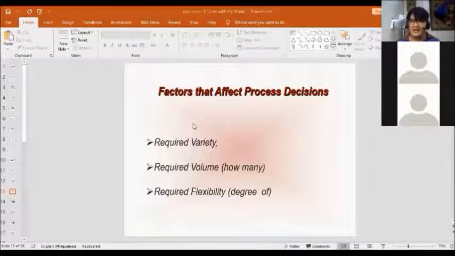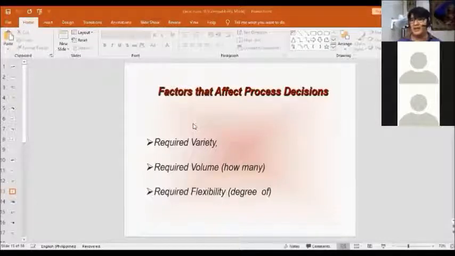Okay? So as years pass by, they have created new products in that area about shampoo and conditioner.